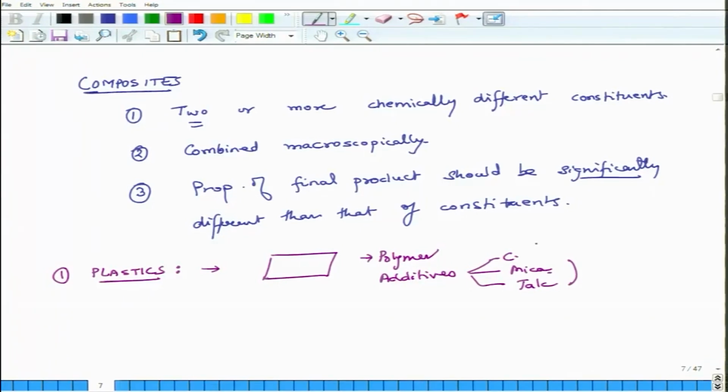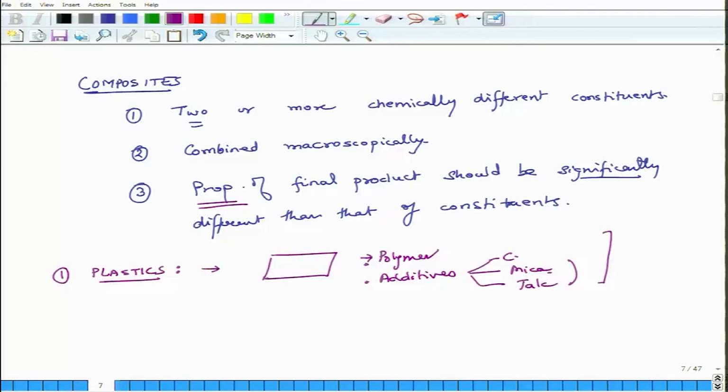Now, if you buy a piece of plastic in the market, you will say that okay, this is one chemically different material, and then additives are still chemically different, and when you mix them, they are actually being mixed at macroscopic level. So, they should be composites, but the answer is still no, they are not composites, because when you evaluate their properties, for instance, you evaluate the tensile modulus, Young's modulus of this plastic, which has a lot of additives, you may find that its Young's modulus is still very similar to that of the pure polymer.